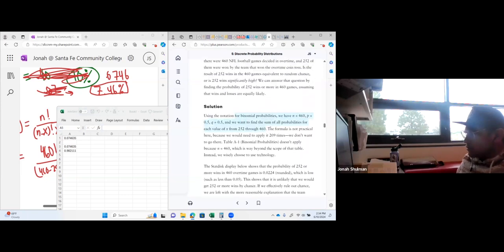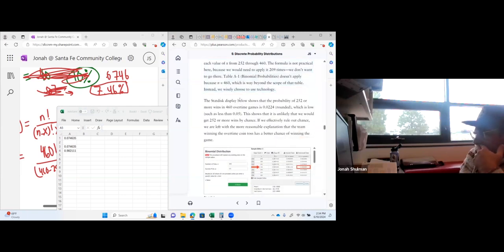All right, I'll just read the whole thing. The formula is not practical here because we would need to apply it 209 times. We do not want to go there. Table A1 of binomial probabilities doesn't apply because n is 460, which is way beyond the scope of the table. Okay, instead we chose to use technology. All right.